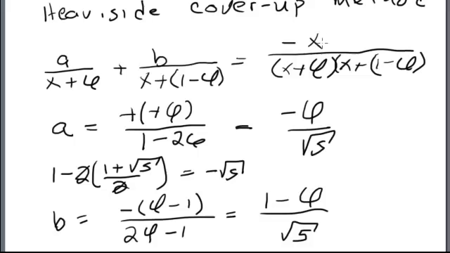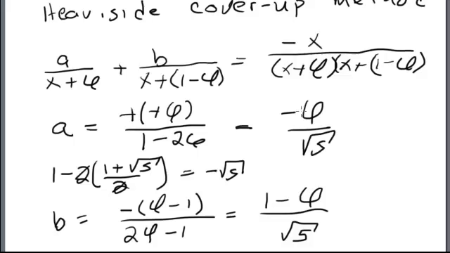Then you substitute in x negative phi, and this term is gone, so that comes out to be a is equal to phi over 1 minus 2 phi. And then we show that 1 minus 2 phi is equal to negative square root of 5.